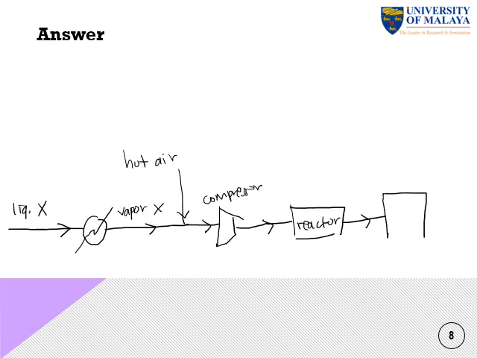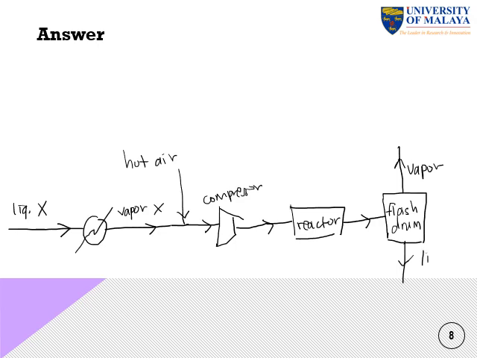So what is the flash drum? You can try to Google it. So basically, a flash drum is a separation equipment. Let's say here you have a mixture of vapor and liquid entering the flash drum. So the output of the flash drum, the top here is vapor, and down here is the liquid.